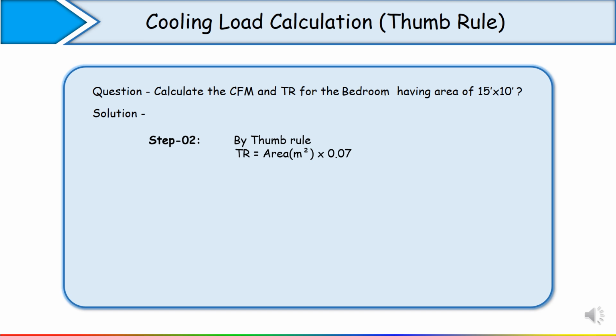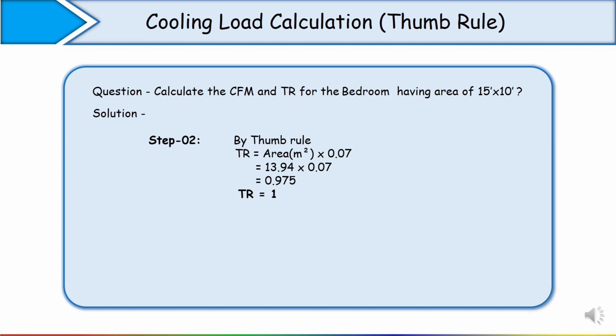By using thumb rule to find out the cooling load value in TR, the formula is area of that space in square meter into cooling factor value 0.07. When you substitute the area, you will get near about 0.975, means the capacity, the cooling load value which we have calculated, is 1 TR.